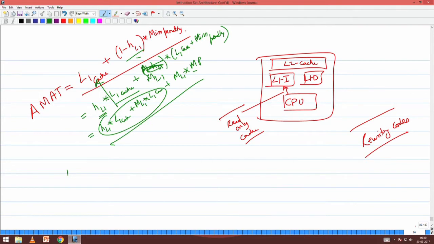Now let us say L1 cache time, can you guess? Let us say 10 nanoseconds. And hit ratio let us say 96% or 0.96.